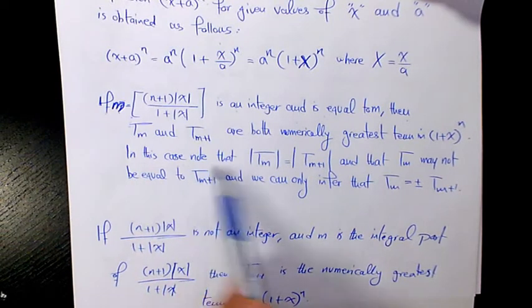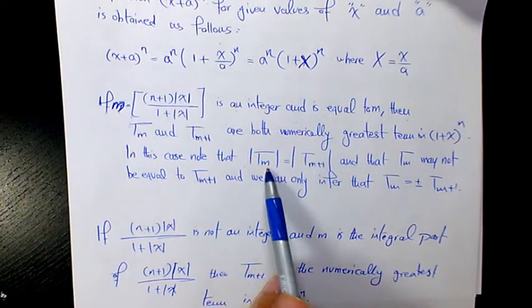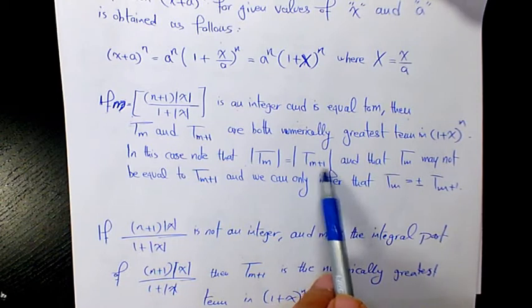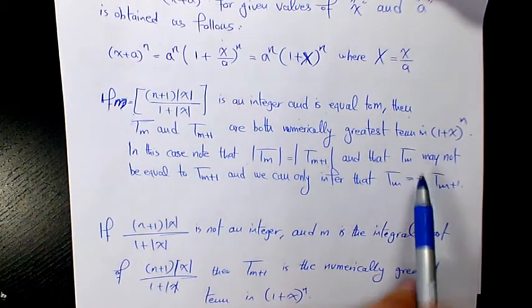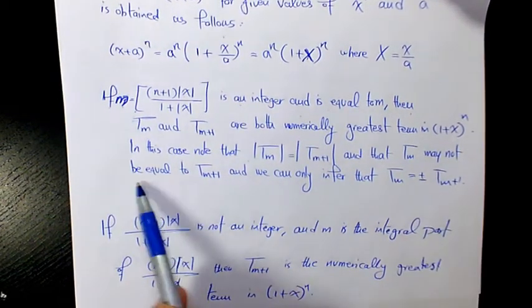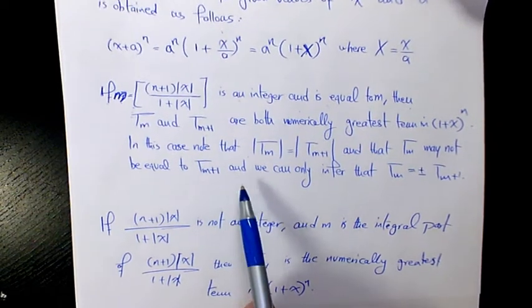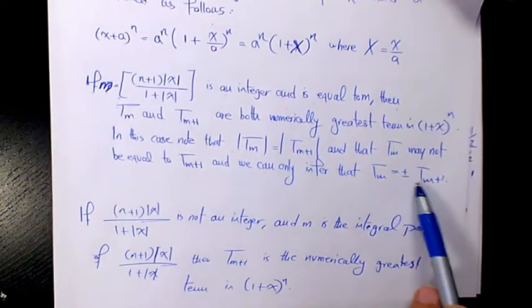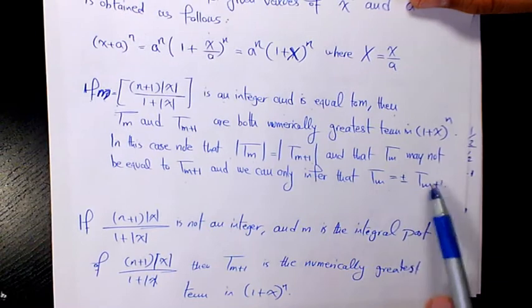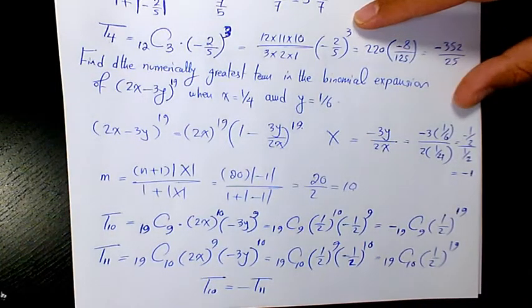In this case, note that the absolute value of Tm equals the absolute value of Tm+1, and that sometimes Tm and Tm+1 are not equal to each other, but they are equal to the negative of each other. So Tm equals plus or minus Tm+1. So that's exactly what we have in here. T10 equals negative T11.